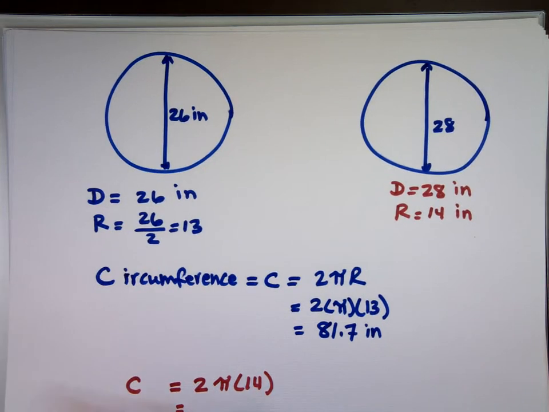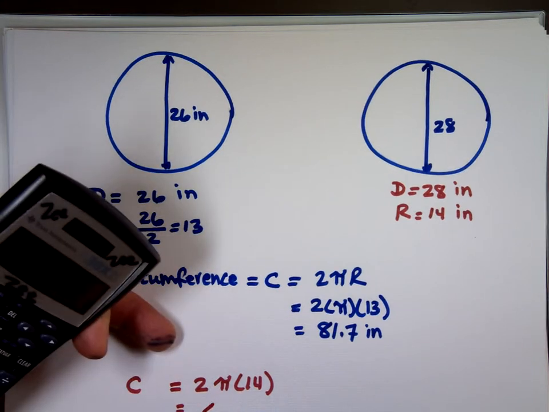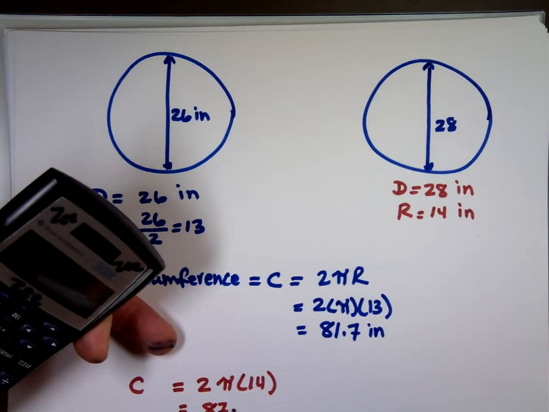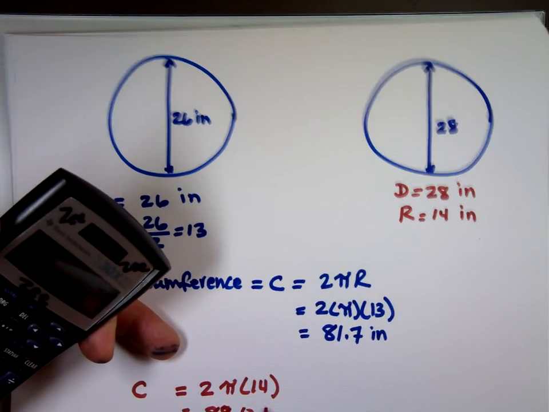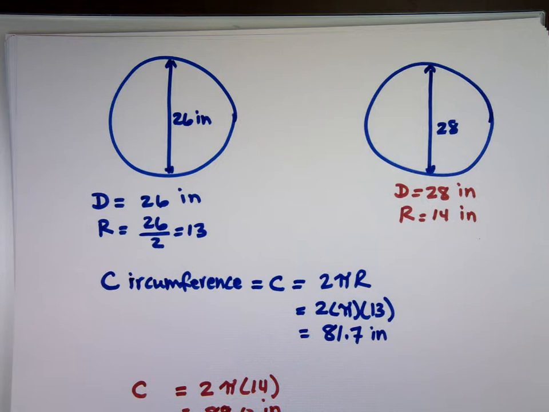It might not seem a lot adding that extra inch. 2 times pi times 14. You travel actually 87 point, actually 88 if you cut it to 1 decimal place. 88 inches versus 82 almost. You have 6 extra inches every time you make a turn.